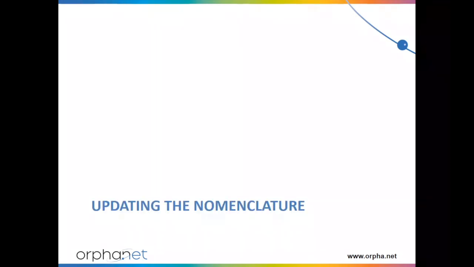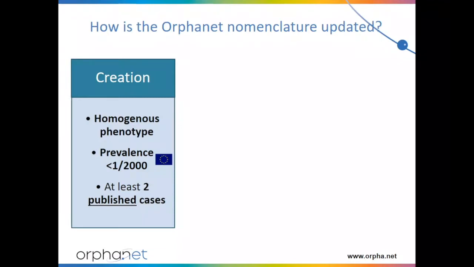Now let's see how the nomenclature is updated and the different criteria that we use. There are 3 main types of action that can be done in the nomenclature. The first one is the creation of a new clinical entity. If we focus on the disorder level, the entity must represent a clinically homogeneous phenotype.